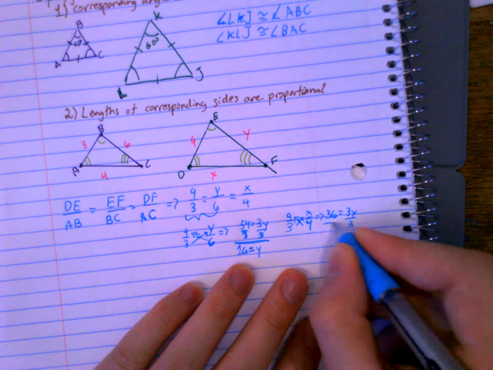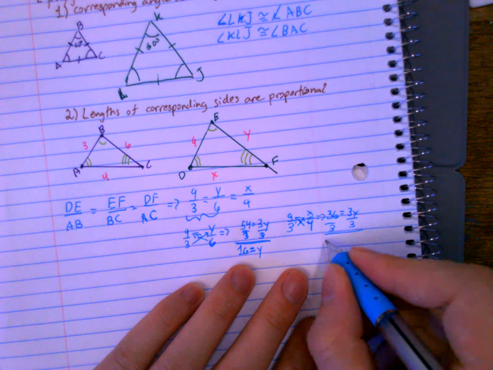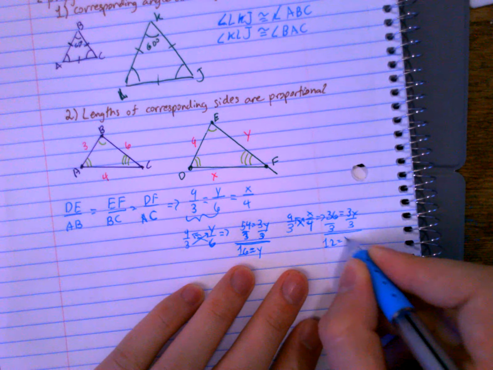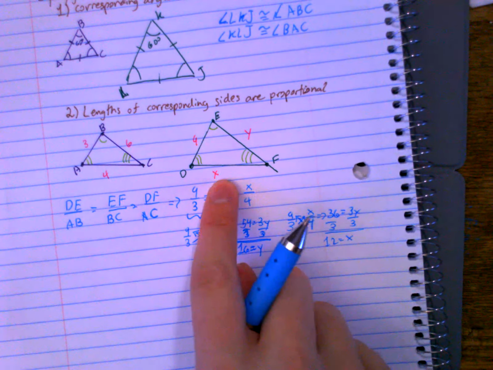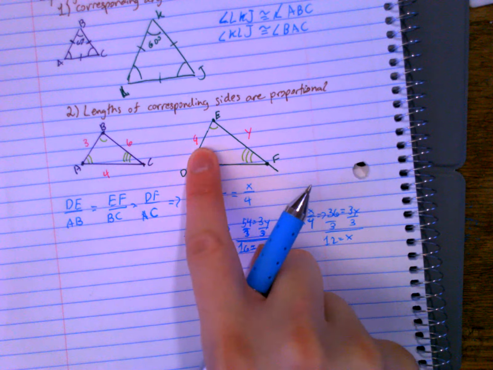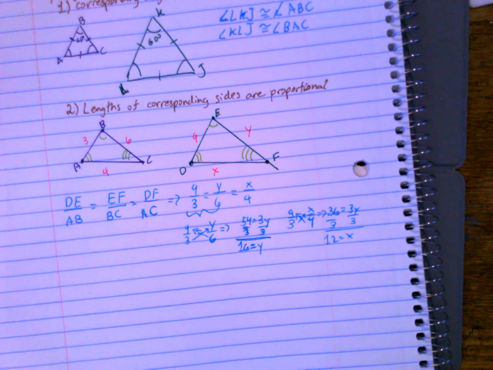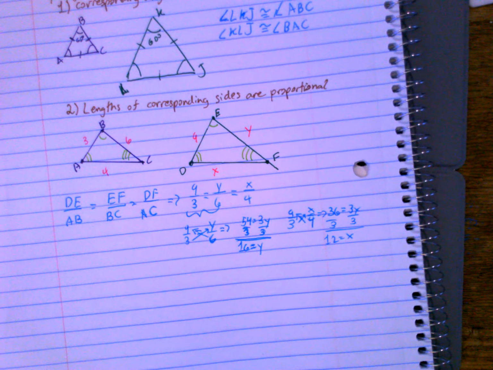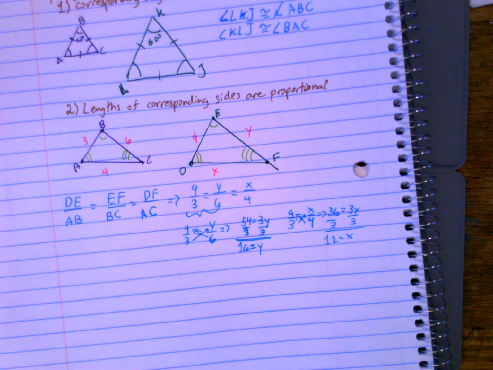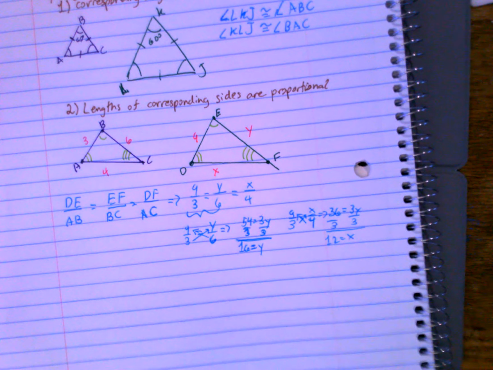Divide by 3. 36 divided by 3 is 12. So there are your missing sides: x is 12, y is 16, and this one is 9. Does that make sense to everybody? The notes here just had you write things out. I'm like, man, some examples would kind of help with this.